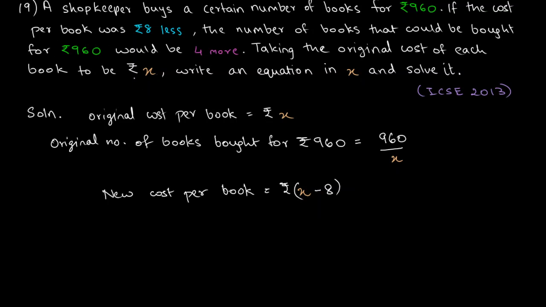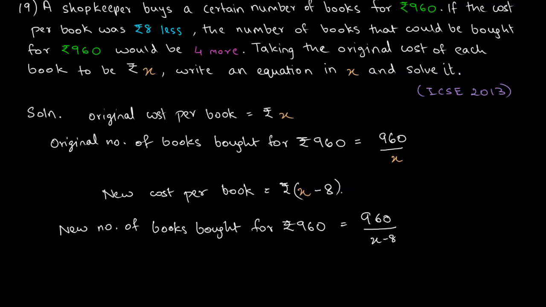We are still spending rupees 960, so new number of books bought for rupees 960 is the total amount spent divided by the cost per book, so it will be 960 divided by X minus 8.